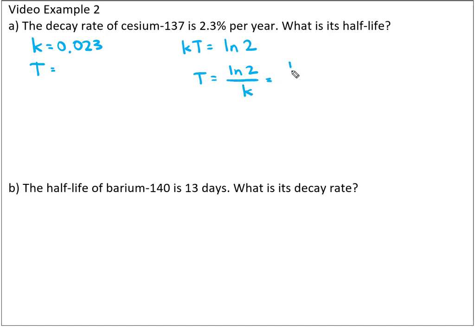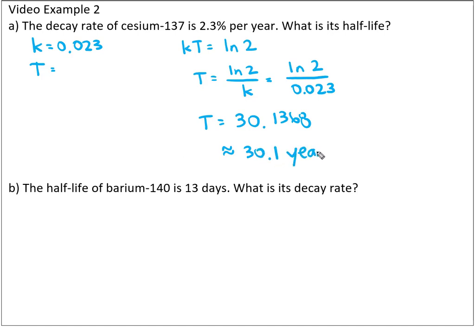In other words, we're taking natural log of 2 and dividing by 0.023. My calculator tells me that is 30.1368, so we can say approximately 30.1 years. Notice I'm getting years because the decay rate was given per year.